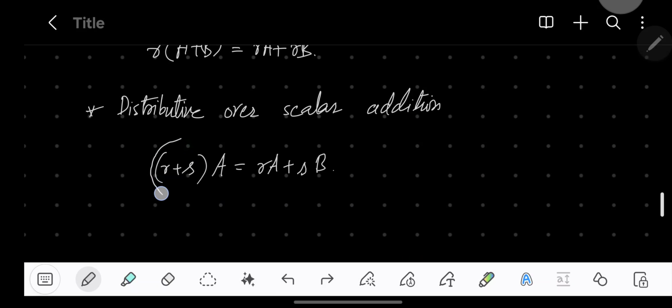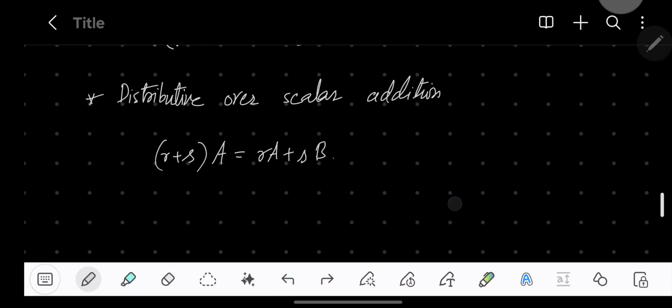So suppose you are adding scalars and then you are multiplying the addition of those scalars with the matrix A, then each scalar will be multiplied with the matrix A. I mean R will be multiplied with A and S also. This is called distribution over scalar addition.